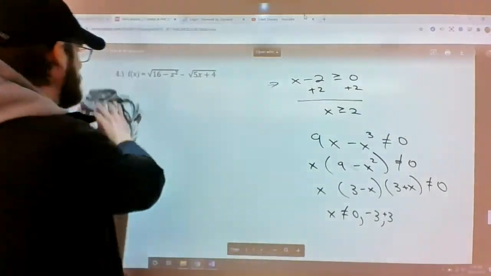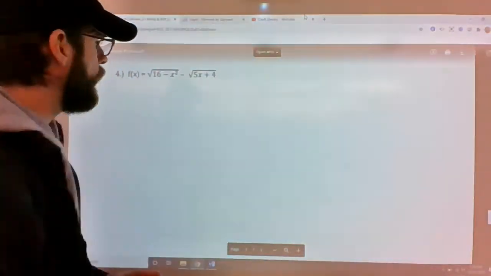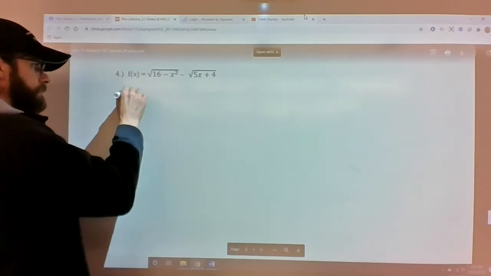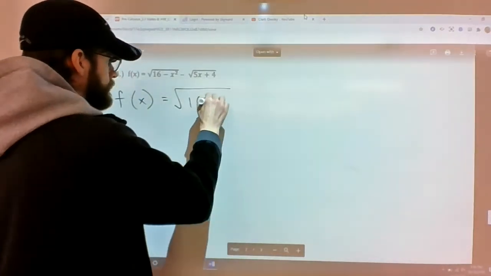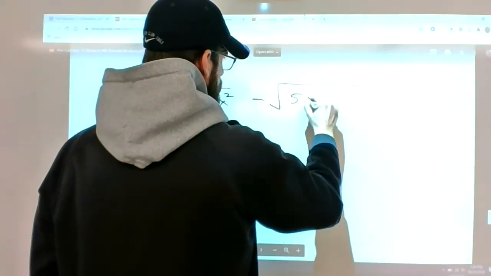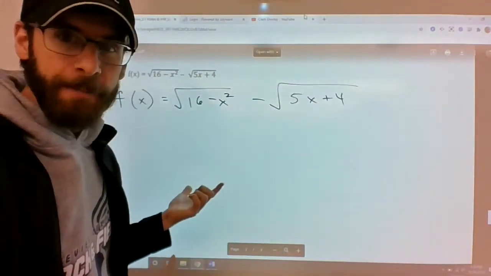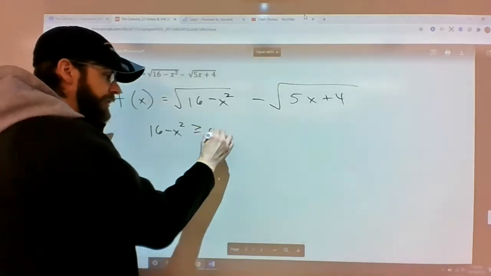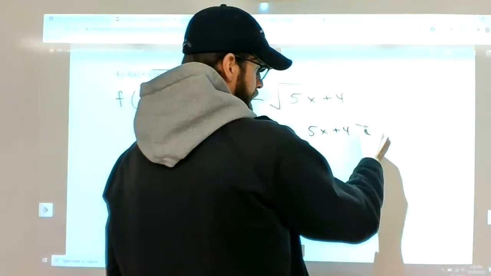All right. Number 4. All right, what do we do if there's 2 roots? Well, the function has to be able to live where 16 minus x squared is greater than or equal to 0, and where 5x plus 4 is greater than or equal to 0.